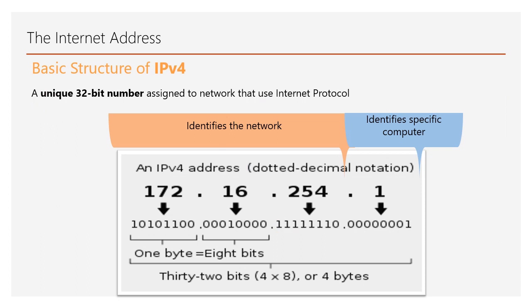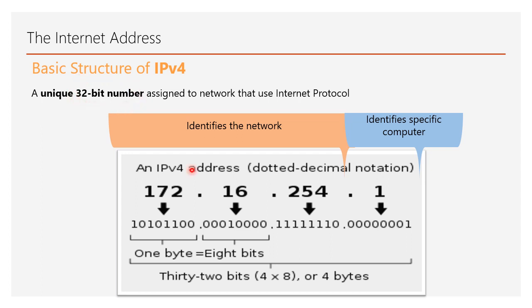So let's start with the basic structure of IPv4. This is an example of IPv4. As you can see, we have the IPv4 address 172.16.254.1. Now IPv4 is a unique 32-bit number scheme.